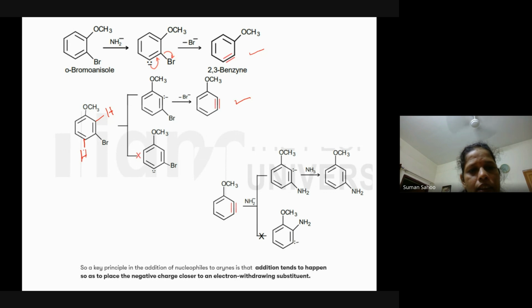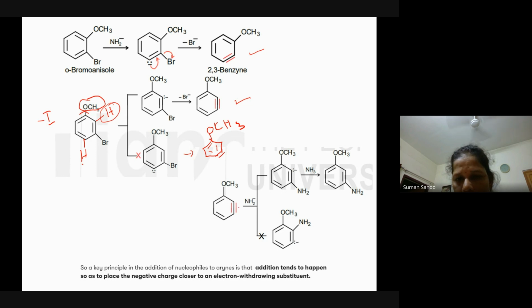Either this hydrogen can be removed to get this type of benzyne, but this won't happen because this hydrogen is more acidic, since the OCH3 group is an electron withdrawing group, a minus I group. So this hydrogen is more acidic as compared to this hydrogen, and this is the only benzyne you are getting.